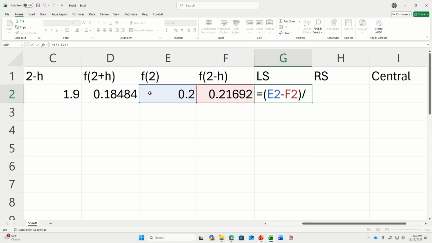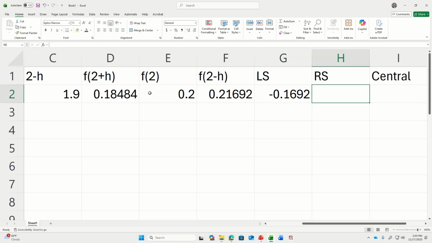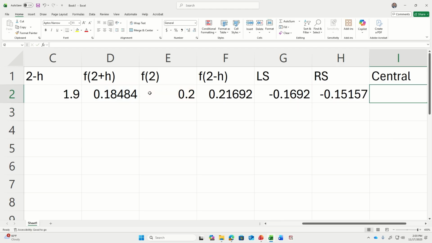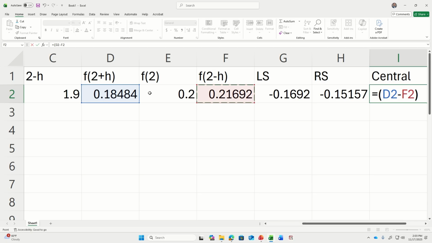I think h was in A2. For my right side approximation, I'm going to take f of 2 plus h minus f of 2 and divide by h. For my central approximation, I'm going to take f of 2 plus h minus f of 2 minus h, and divide by 2 and divide by h.